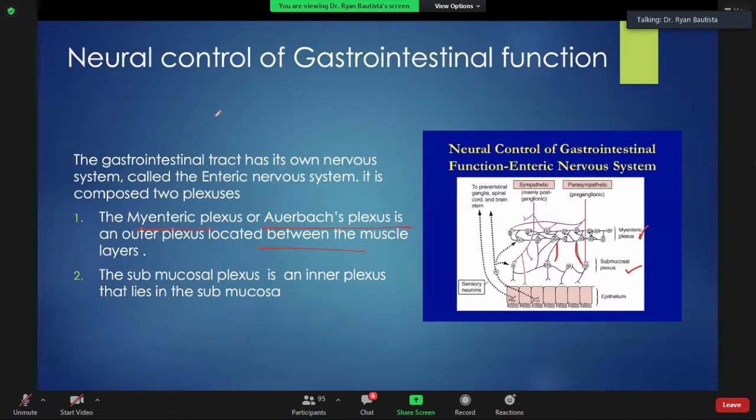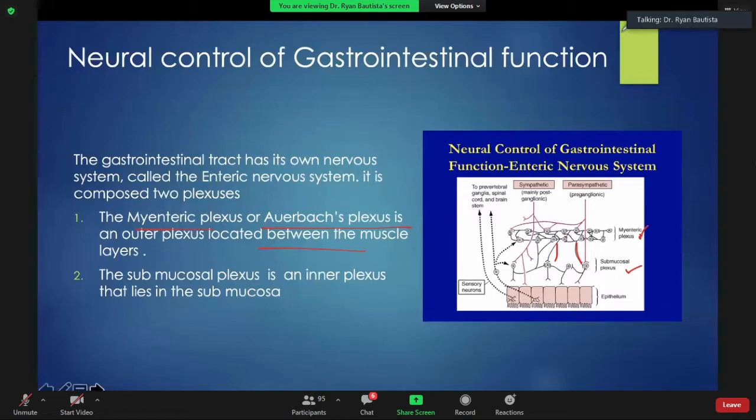Please take note of that at the back of your mind first. In short, my dear students, your submucosal or Meissner's plexus can influence your myenteric or Auerbach's, and Auerbach's can also influence your Meissner's plexus. They talk to each other.